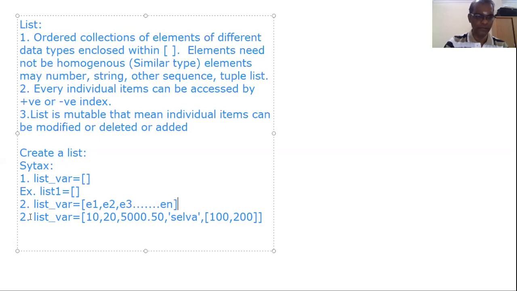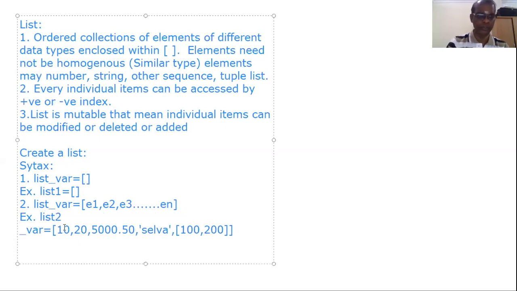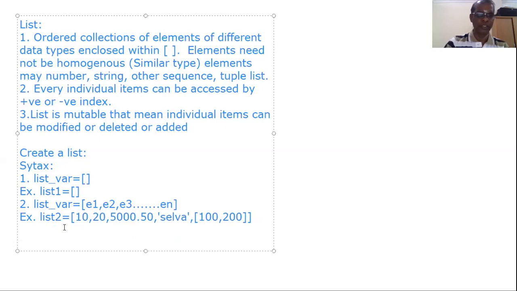We can consider this as an example. List2. Here this list2 contains integers, floating point values, and strings. In addition to that, even one more list. The list2 contains one more list. This is the one list.